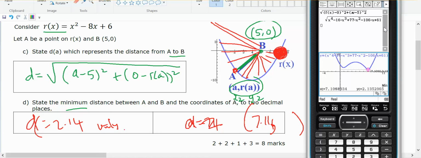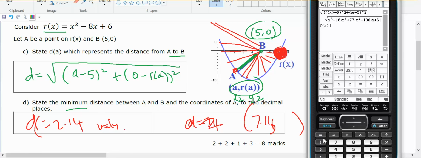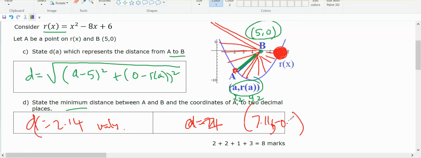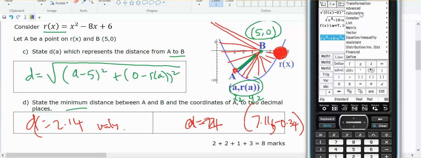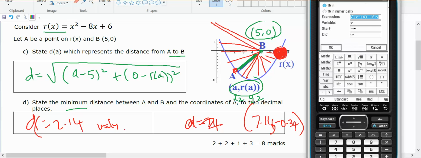I would find the y coordinate by substituting this value here: edit, copy, come back up here, get f of x, which is my expression for the quadratic, given x equals paste, and that gives me a y coordinate of negative 0.34.